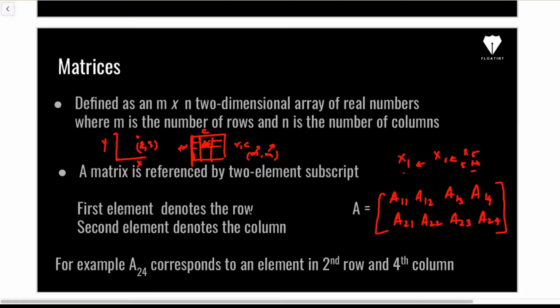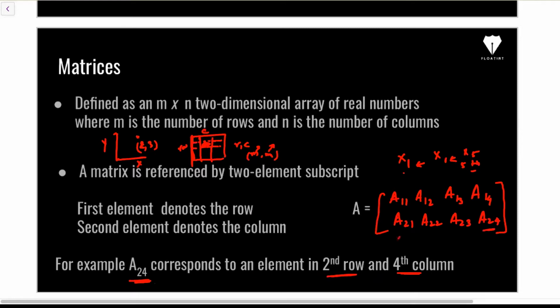If you say a24, it corresponds to the element in the second row, fourth column. You cannot just say a2 as earlier for the second element; now a24 means the element present in the second row and the fourth column. So here a24 is this one.